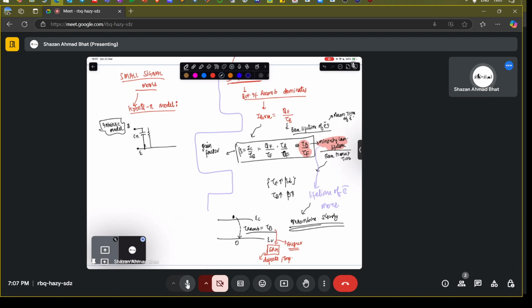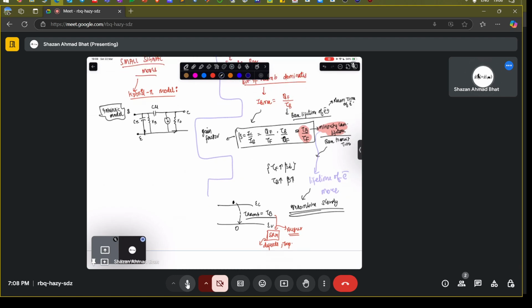You have the resistance, let's call it R pi, and you have C mu, which is the base to collector capacitance. You have a current flowing, and you have an output resistance. This is the collector. So this is the actual circuit model, and this current is basically Gm times VBE, which is the output current.